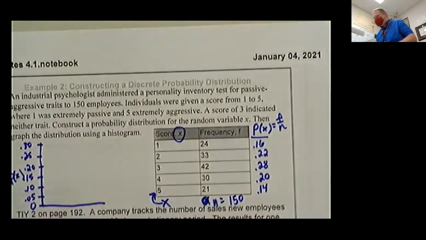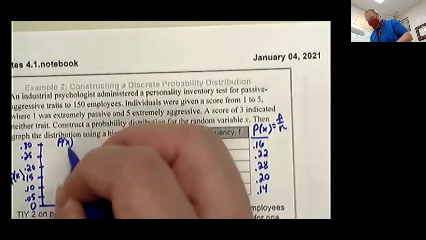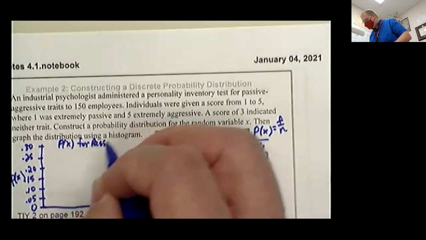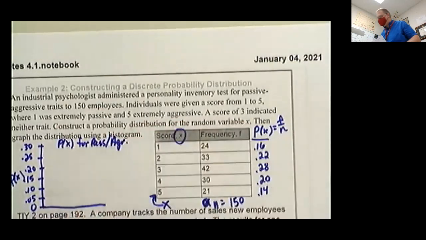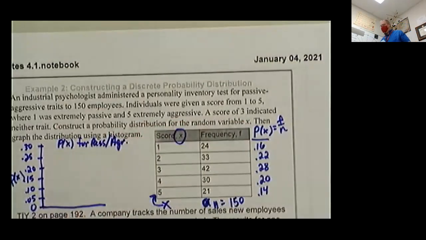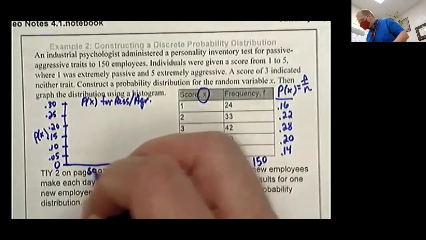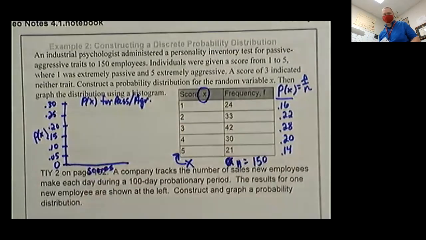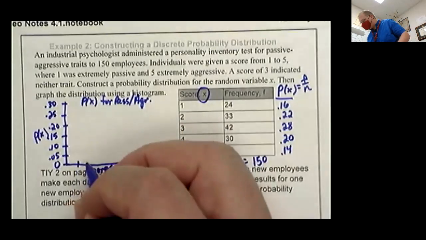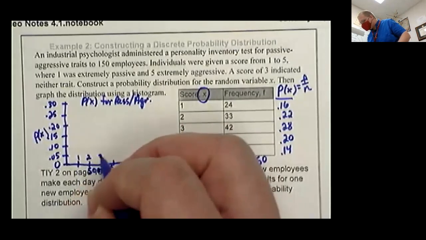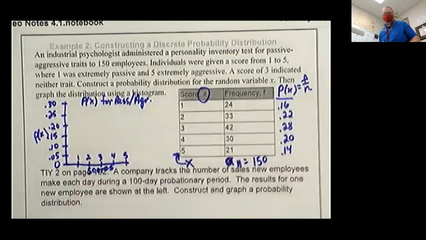And this is our table. This is P(x) for personality traits, for passive aggressive, for a title. And then we have our scores. So at the bottom, we'll put our scores, and I kind of lost some room down there. So that's scores, and our scores were 1, 2, 3, 4, and 5. Apologize, I ran out of room there.